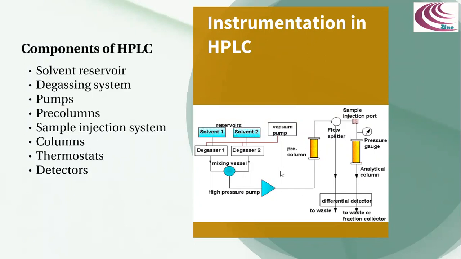So these are the components: solvent reservoir is one component, then degassing system, then pumps, pre-columns, sample injection system, then analytical columns, thermostat, and the kinds of detectors used in HPLC. So we will see each individual component along with its specification for better understanding.